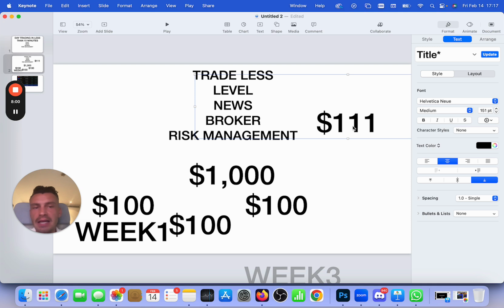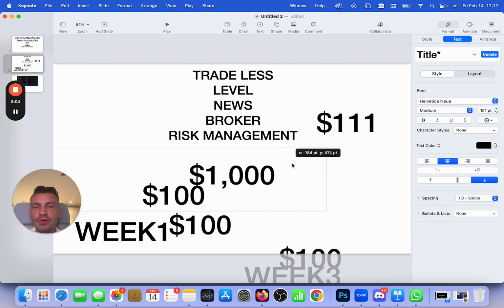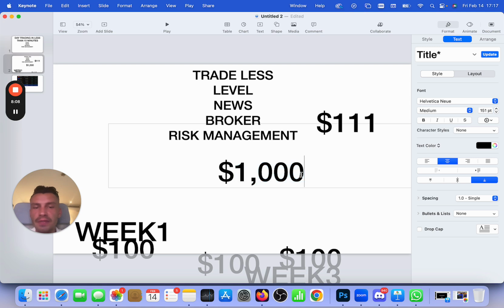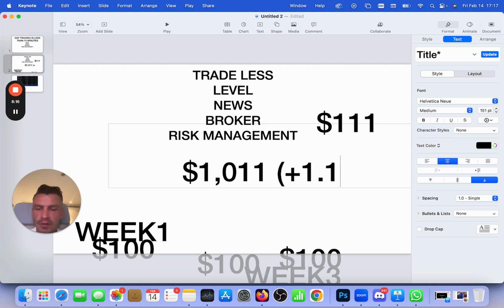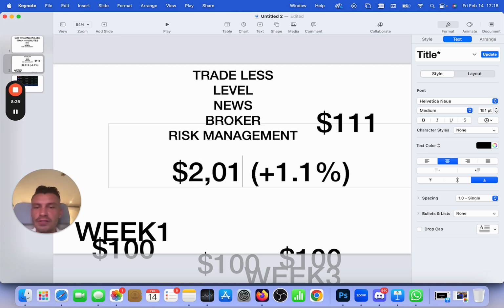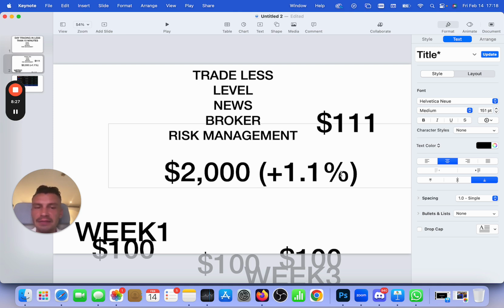Because you made 11% on this trade, and that means that the $1,000 became $1,011. So you are up essentially plus 1.1%, okay? And if you do this 100 times, then you will have $2,000 here, okay? And you doubled your money.